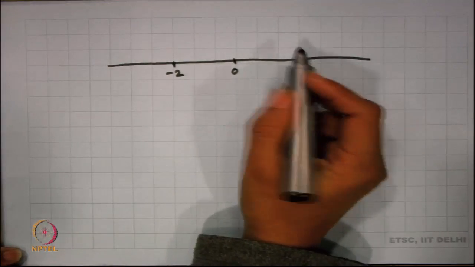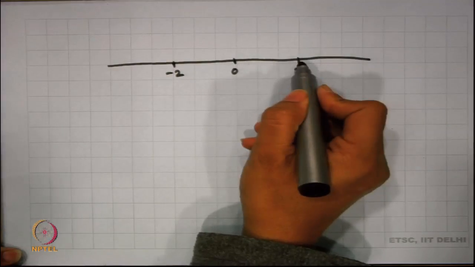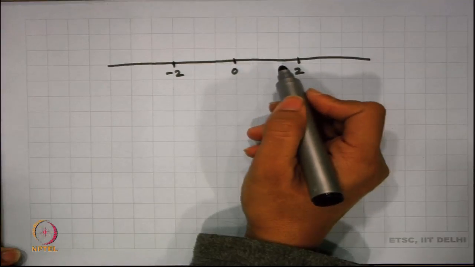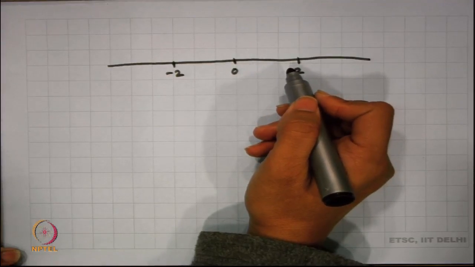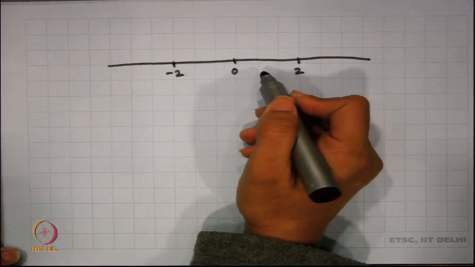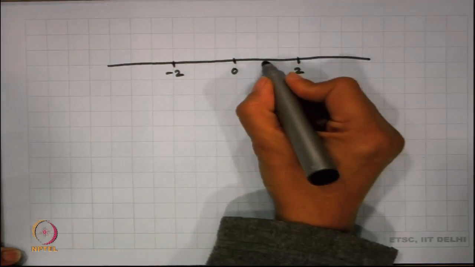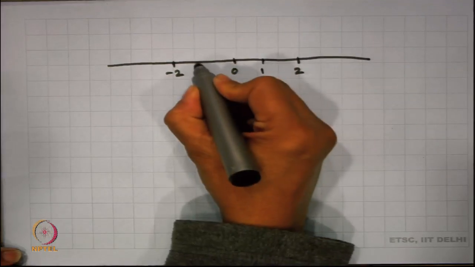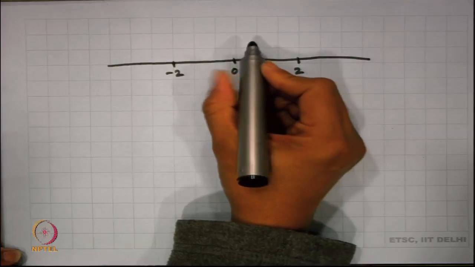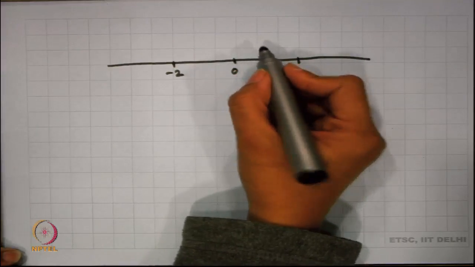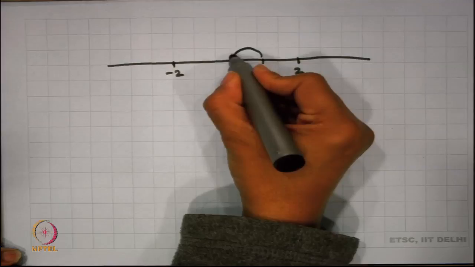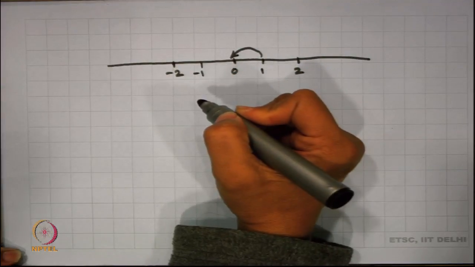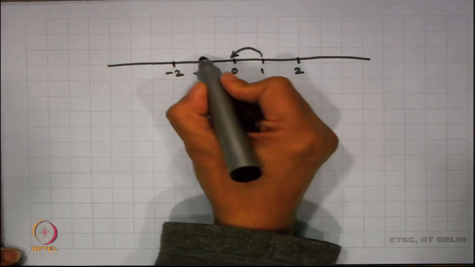What happens to points between 0 and 2? What happens to the point 1, for example? 1 is mapped to 0. If I look into minus 1, what happens to minus 1? Minus 1 is also mapped to 0.